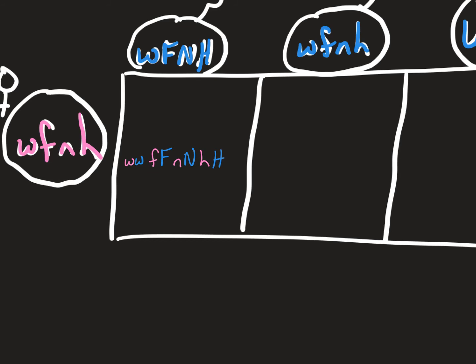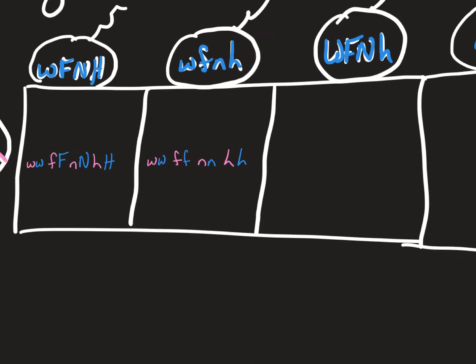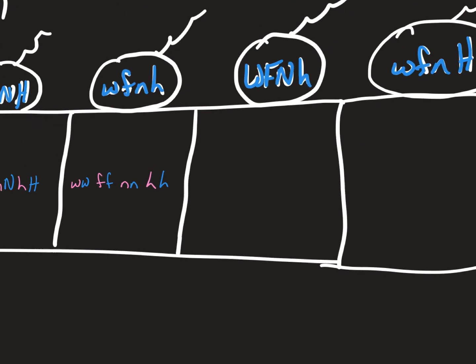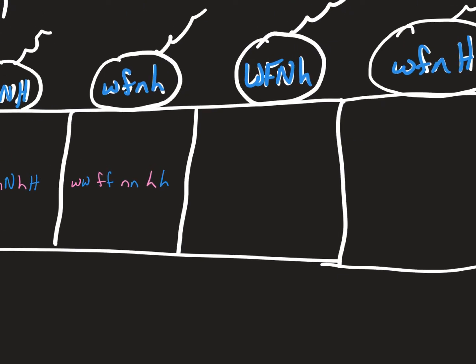And again, mom is only going to give these lowercase versions of the genes that can produce the recessive phenotype, and dad can give either one. And that genetic variation is going to lead to 4 different kinds of gametes, 4 different zygotes.